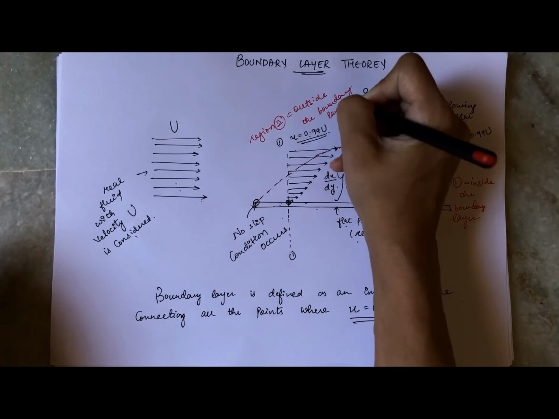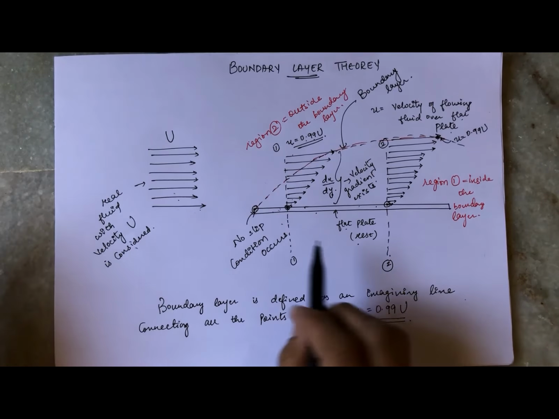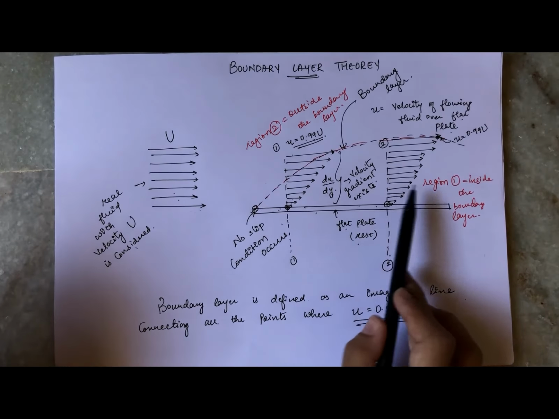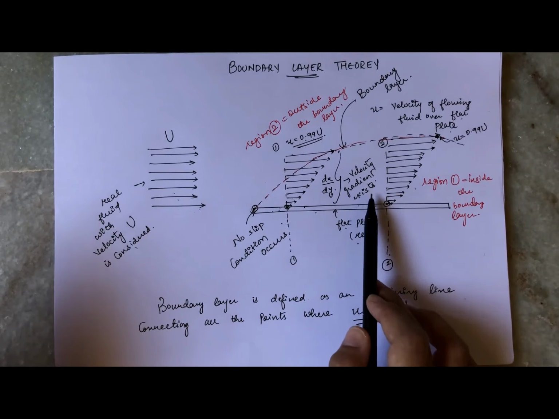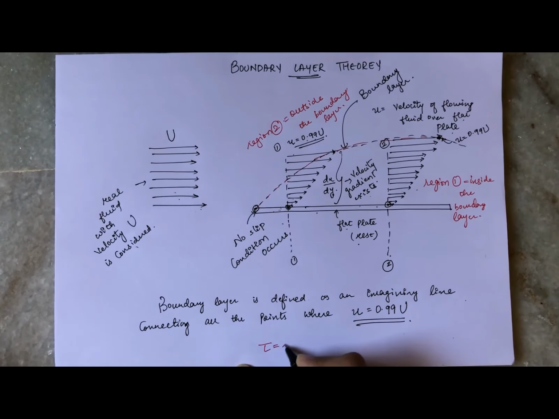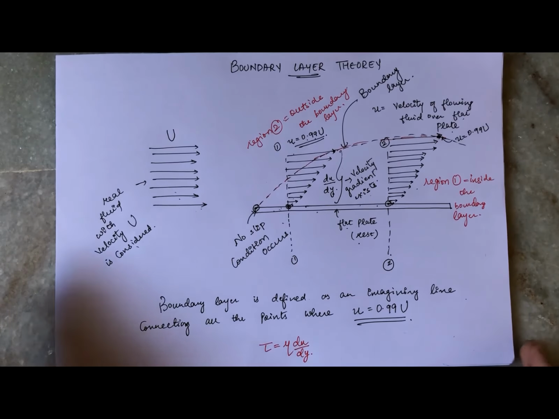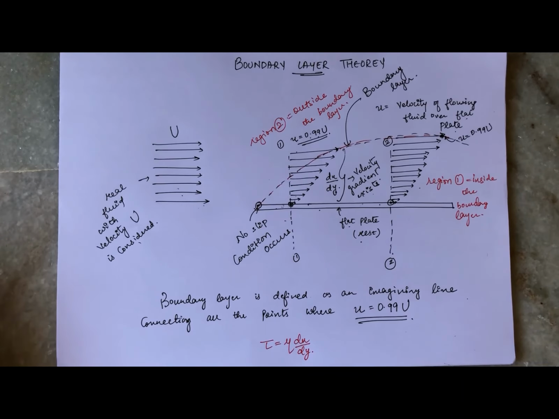As I told you, there will be shear stress in region 1 and the velocity gradient exists, and hence we can say that in region 1 the shear stress tau is equal to mu du by dy, which is also known as Newton's law of viscosity. So there will be viscosity in region 1.